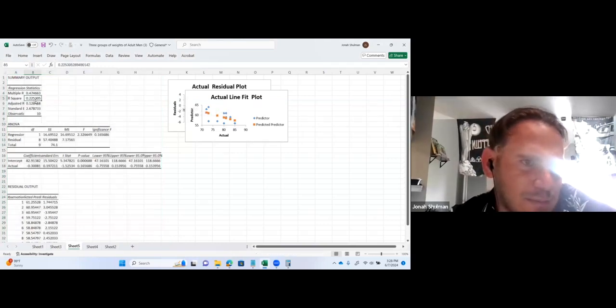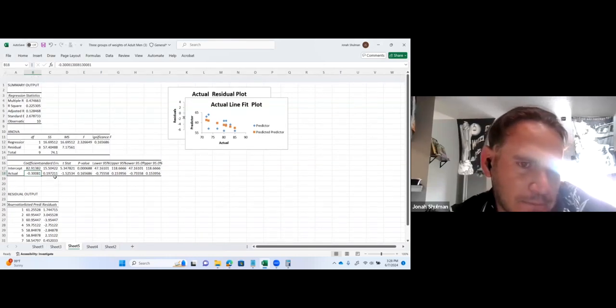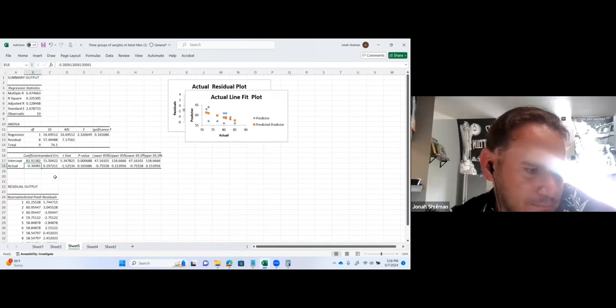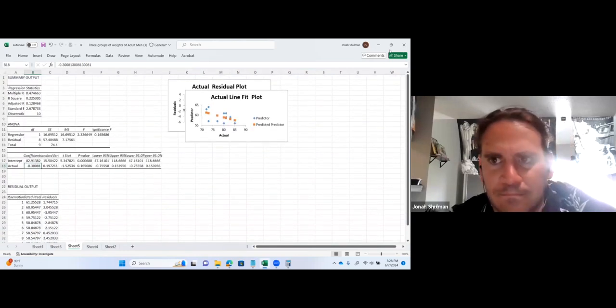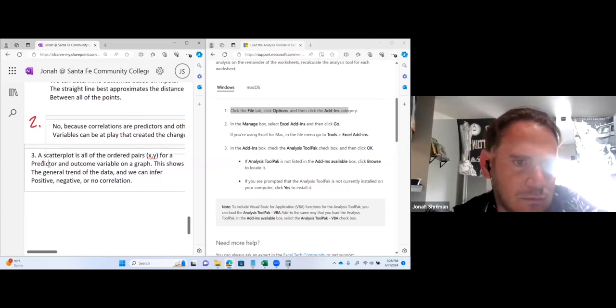Our R squared still is that 0.22. We know that the intercept is 82 degrees, and then it's going to be down negative 0.3 the whole time. So that's the information. So yeah, that sounds good. Predictor.